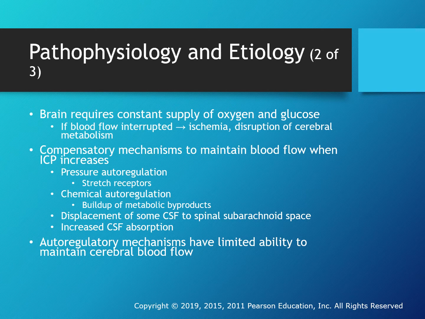Chemical or metabolic autoregulation works in much the same way as pressure autoregulation. So in this case, the stimulus is a buildup of byproducts of cell metabolism, including lactic acid, which can be very detrimental. If it gets too high, your body cannot function. Also pyruvic acid, carbonic acid, and carbon dioxide.